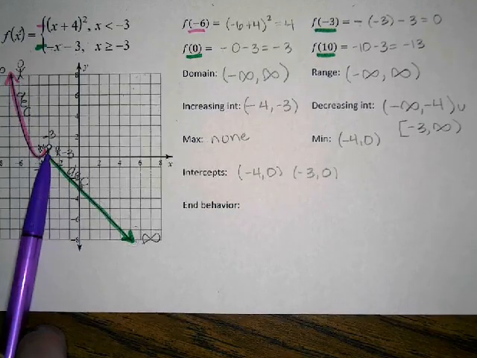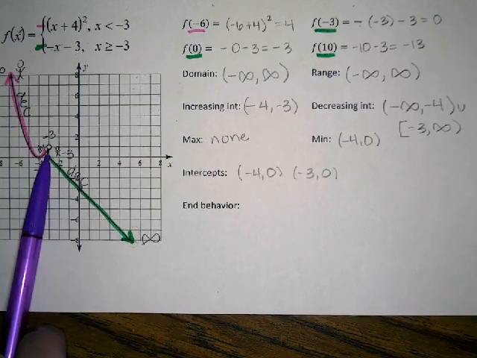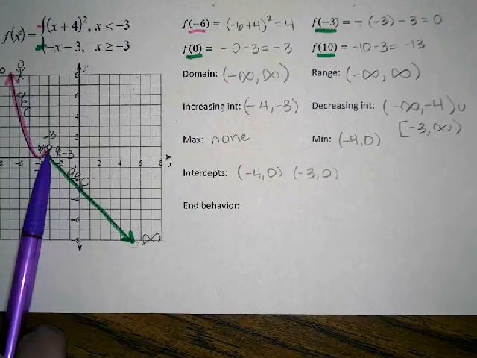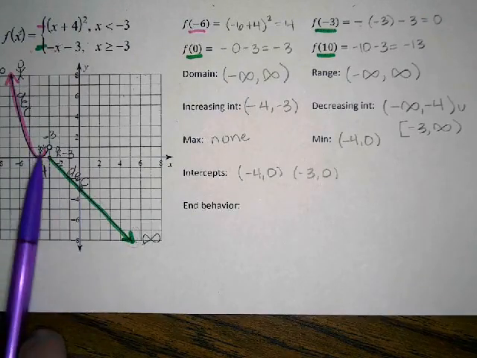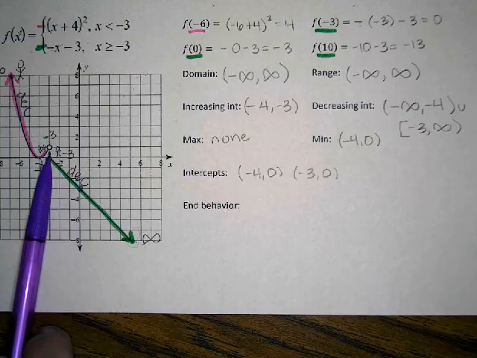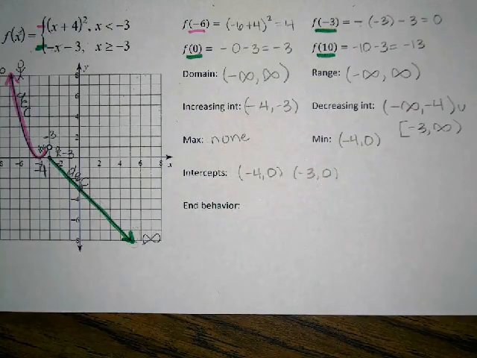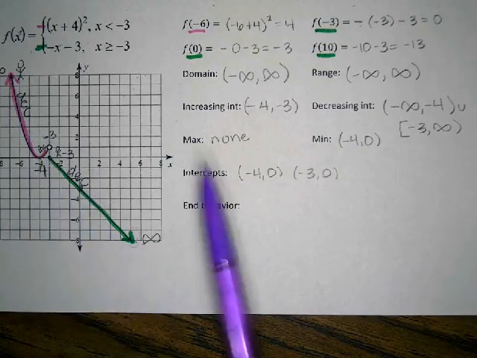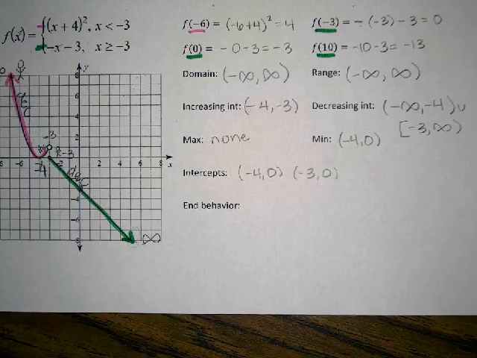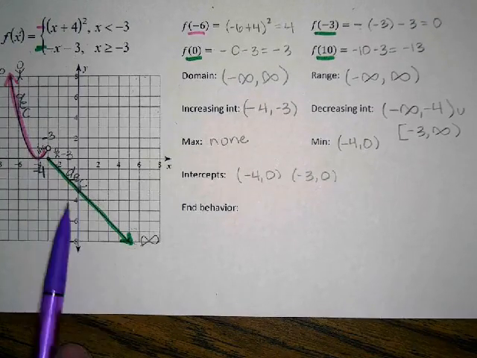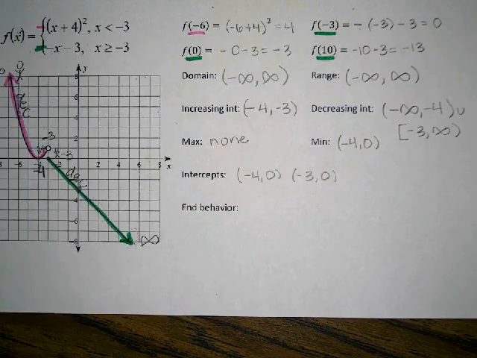If something is a hole, that point is not there and it is not an answer. So if that point ends up being on an x-intercept or a y-intercept, you would not write it down because that point does not exist there. We also have a y-intercept. What is the y-intercept? -3. So we also have 0, -3.